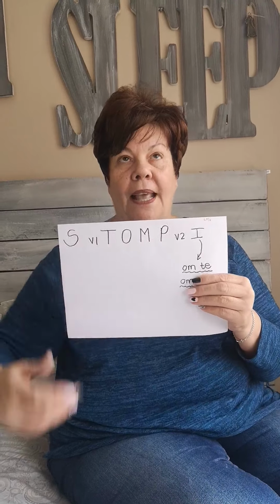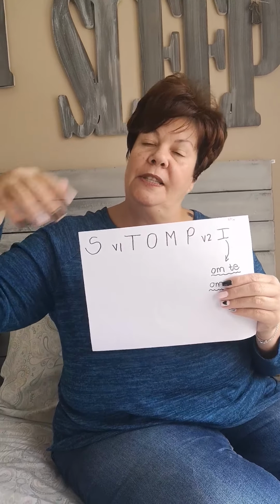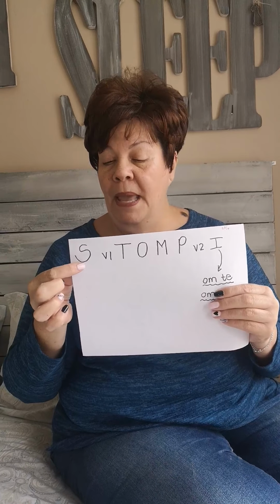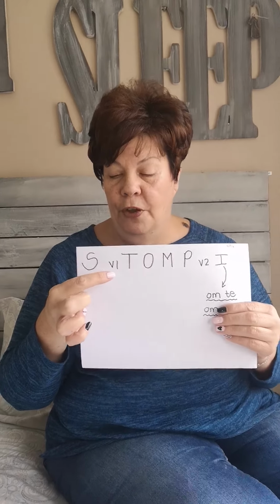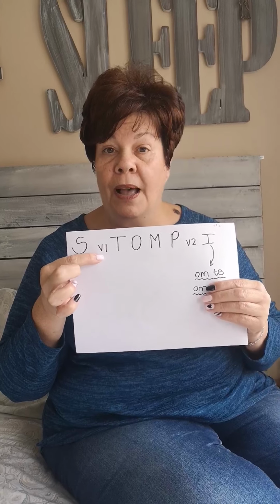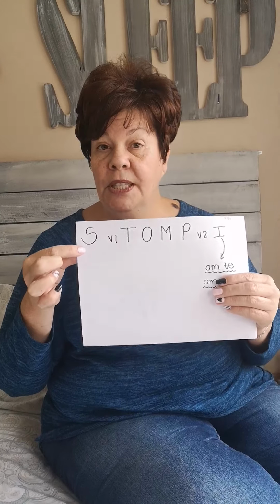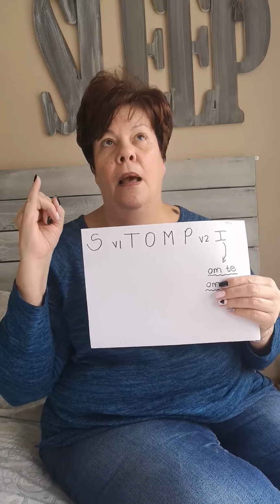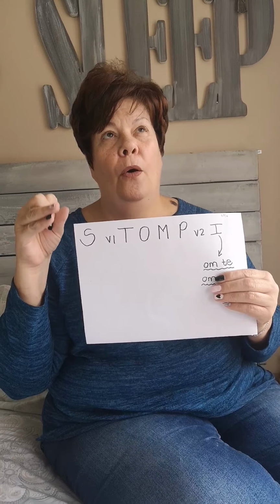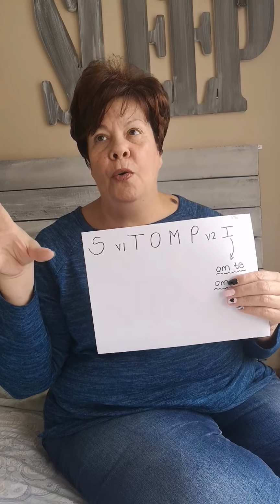So, when we did stompie last week and last term, and we're going to do some more stompie this week, we remember, where do I find my verb? I find my verb after my subject. Sometimes the subject is one thing, like ma, of pa, of ek, of oma.